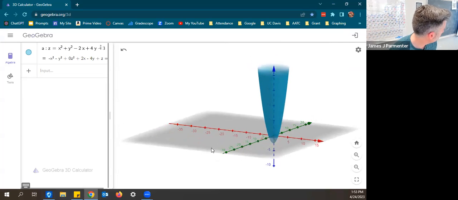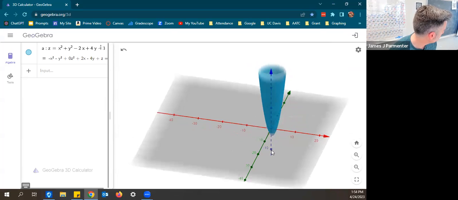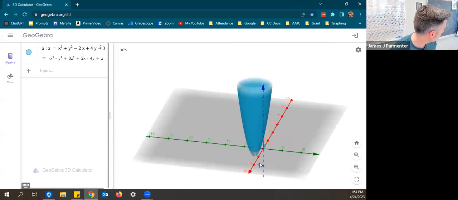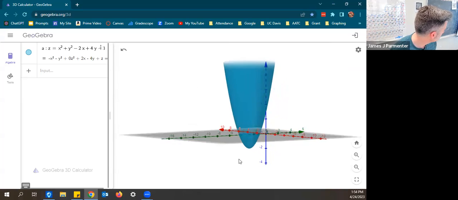Yep, there's our upward opening paraboloid. And that point there, that is the point where x is 1 and y is -2. Because we've gone +1 in the x direction and -2 in the y direction to get that point there. Cool. I like it.